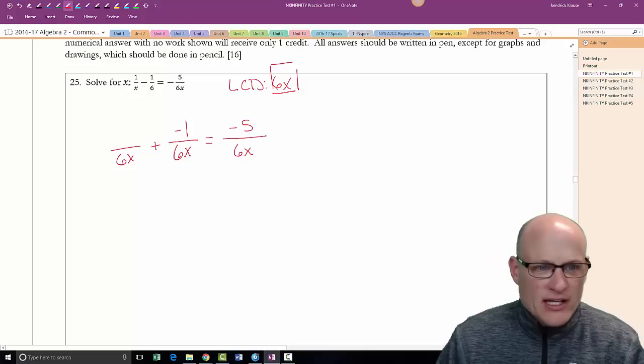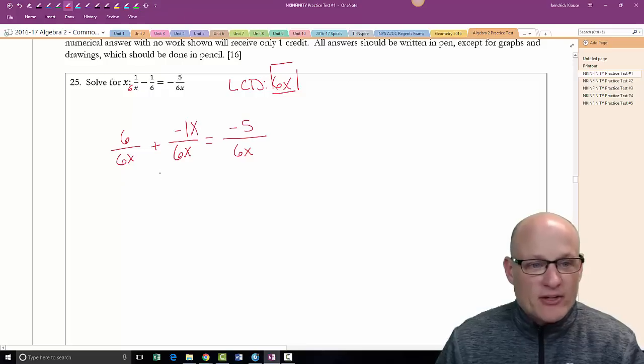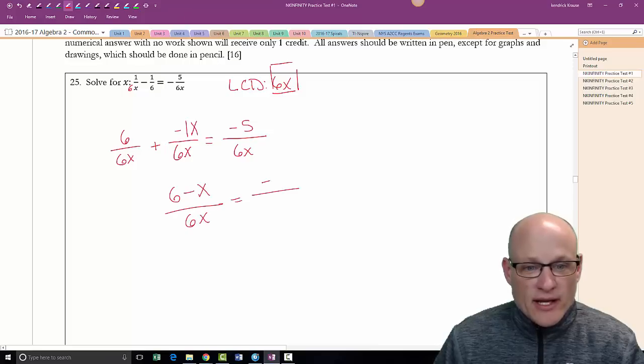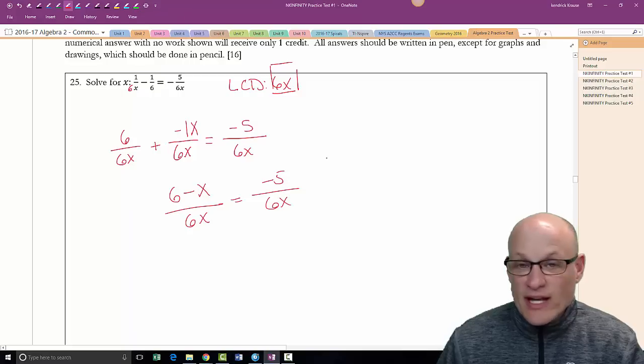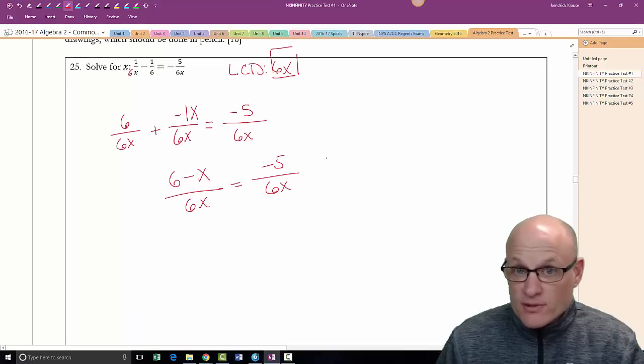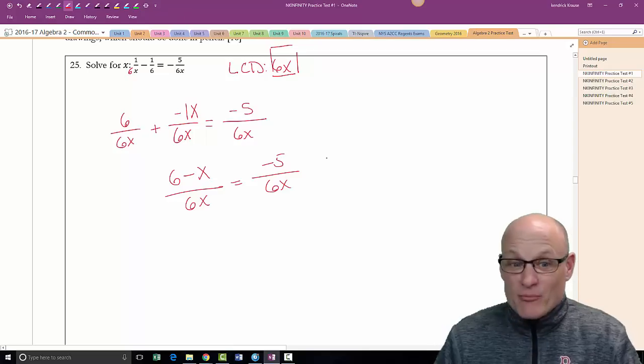And then, so let's see. I had to multiply this one by 6, so this becomes 6. I had to multiply this one times x, so this becomes 1x. So really what I have here is (6 minus x) over 6x equals -5 over 6x. Now again, remember, it's not designed to be brain surgery here, kids.